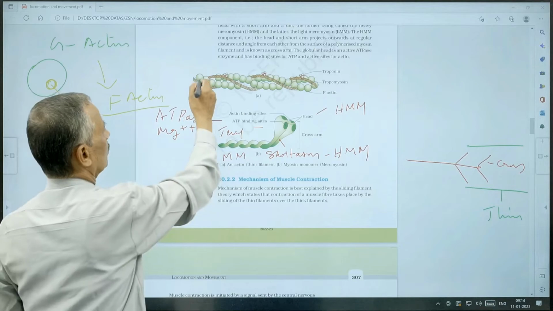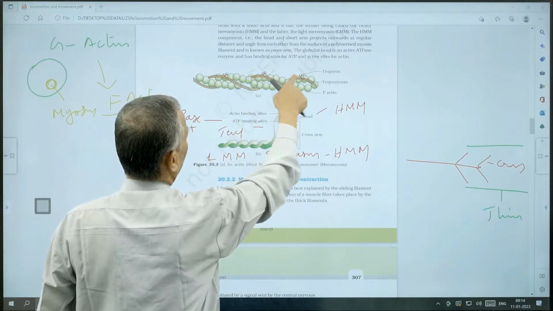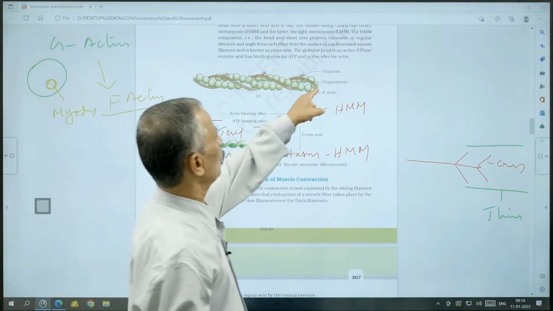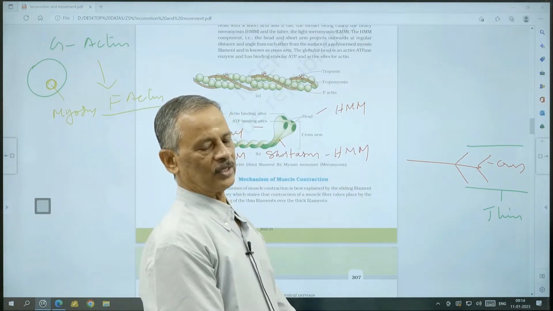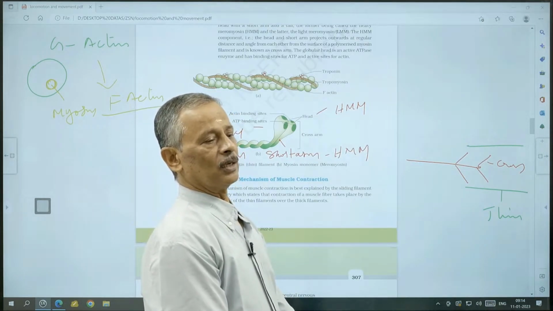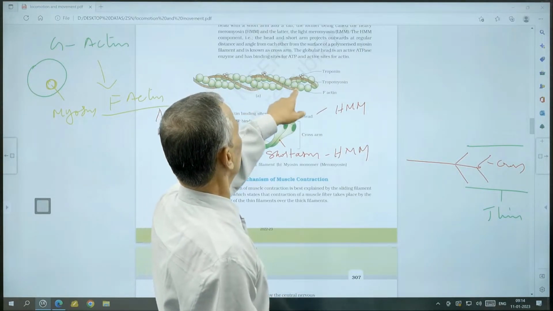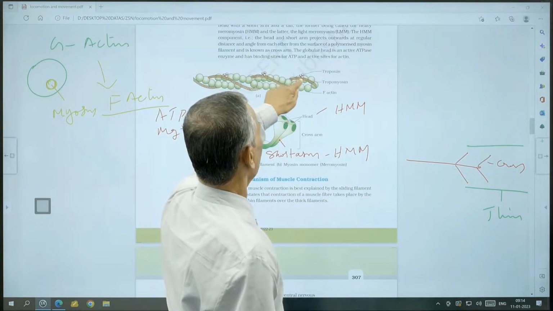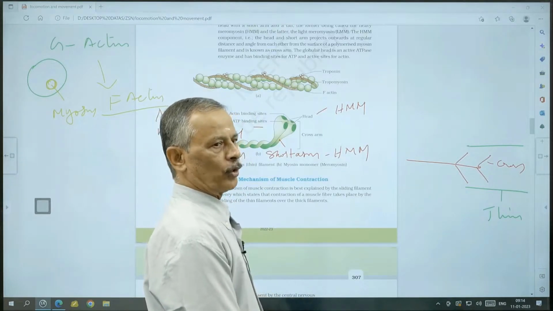Lying on its surface, in the groove, you have a second protein, a regulatory protein called tropomyosin. Tropomyosin is a filamentous protein arranged end to end, one after another. On this lies a third protein called troponin.